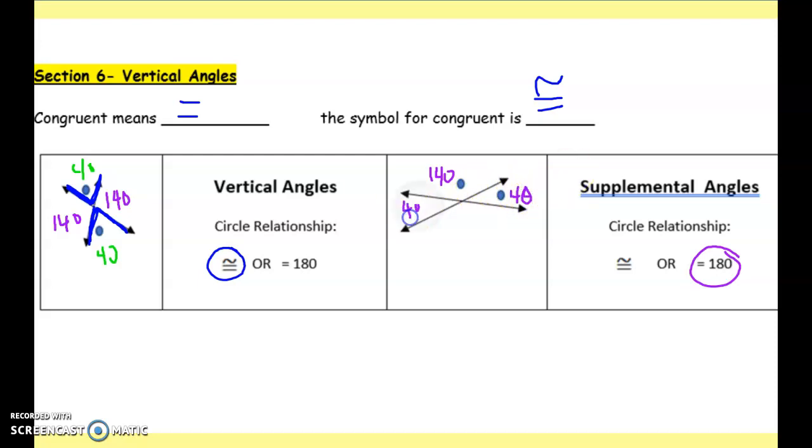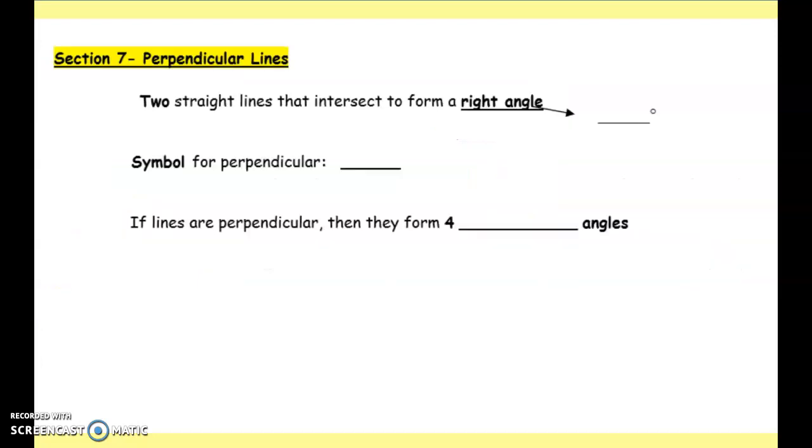Again, vertical tells me the opposites are the same, right? But if we're just looking at the ones that are next to each other, those two equal 180. They show you that rainbow, that protractor, however it reached you in class when we talked about it, but those have to equal 180 degrees.